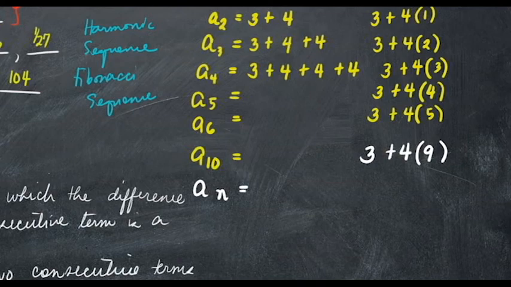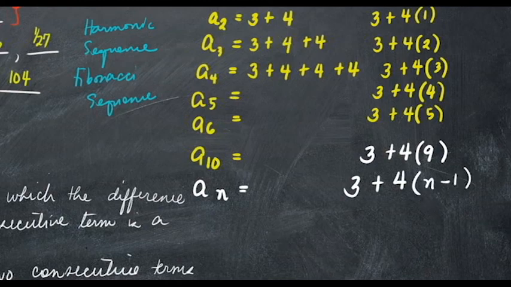If it's a sub n, we'll still get 3 plus 4, and then to get this one, you just have to subtract 1 from n, so it's n minus 1.